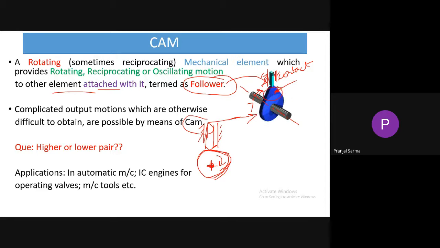Now what will happen if the cam rotates? Let's consider this is the first position of the cam.